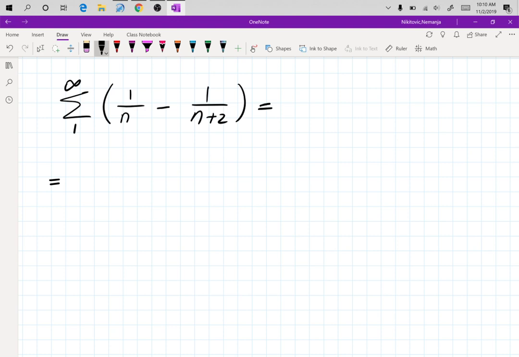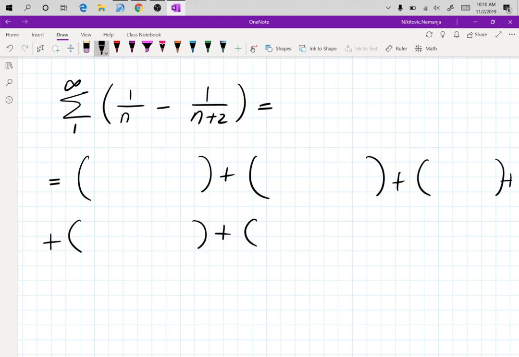What I'm going to do is set up a whole bunch of these sums. Let's set up 6. In these parentheses, I am simply going to write n equals 1, n equals 2, n equals 3, n equals 4.